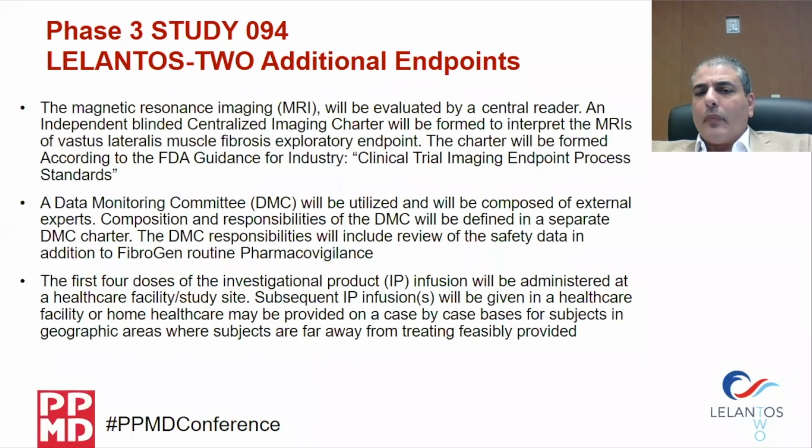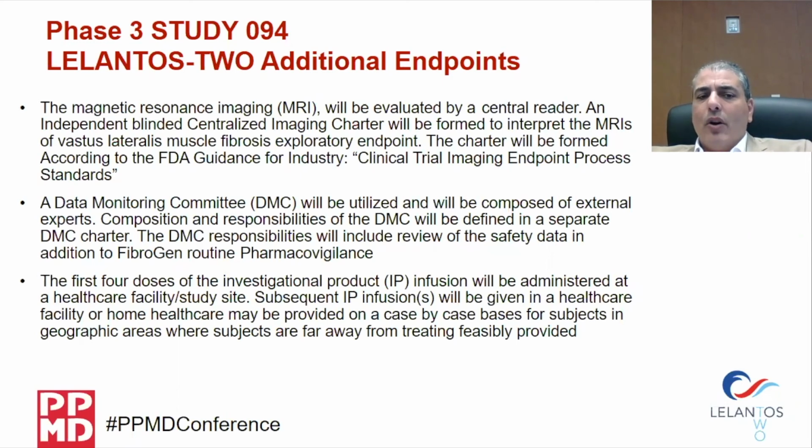All right. The MRI we are using as an exploratory endpoint in both trials will be evaluated by a central reader. An independent, blinded, centralized imaging charter will be formed to read the MRIs for us, whether it's the vastus lateralis for the ambulatory trial or the cardiac or biceps muscle fibrosis in the non-ambulatory trial.